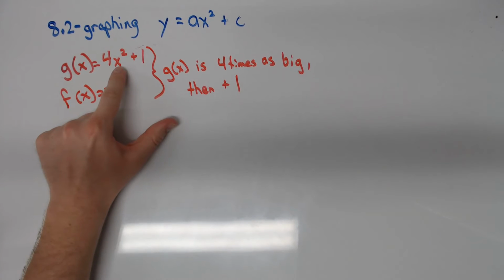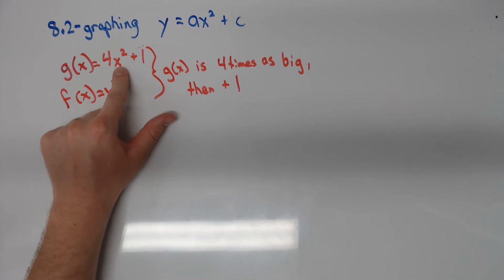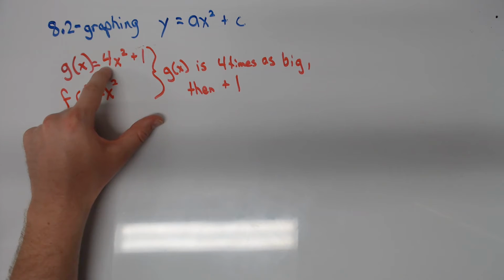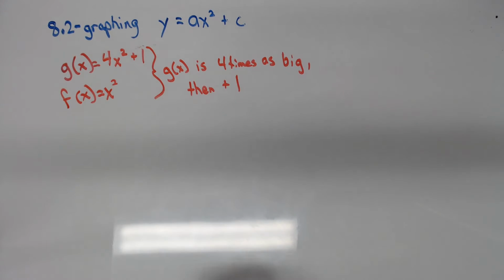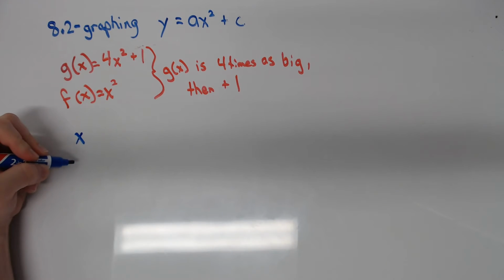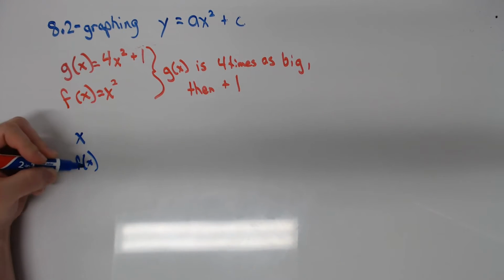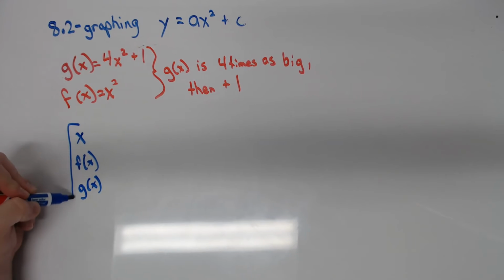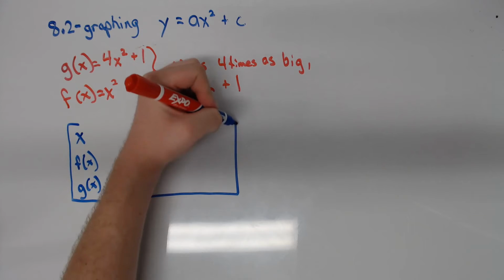So in order, we would square first, and then where g of x changes is next, it's times 4, and then plus 1. So if I keep using my table of values, I can just make those changes. So if we keep our parent function in mind, it makes figuring out any other function just a little bit easier.